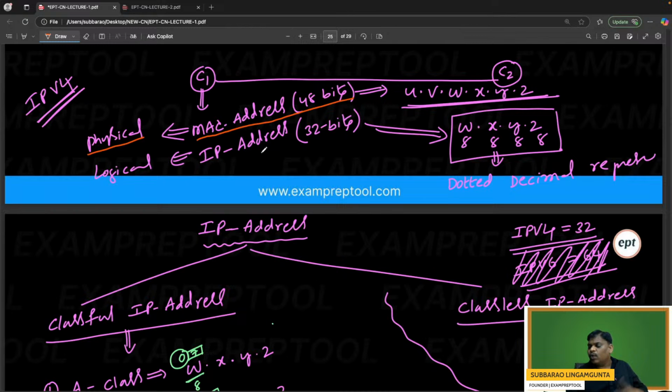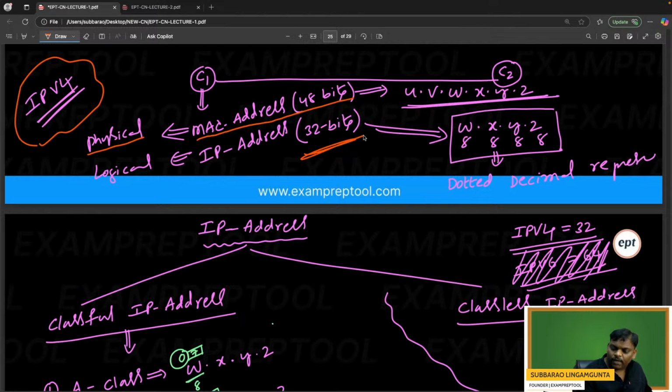The IP address is almost like a work address. Your MAC address is like your hometown address. The permanent address is the MAC address, which is also called the physical address. The working address is the IP address, which is also called the logical address. According to IPv4, there are 32 bits for the IP address and 48 bits for the MAC address.